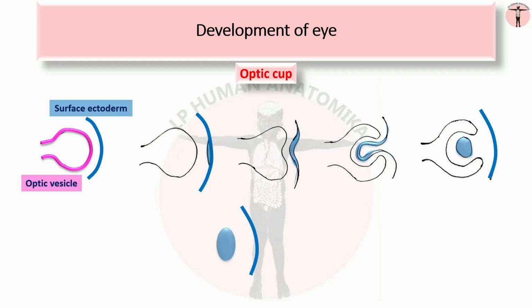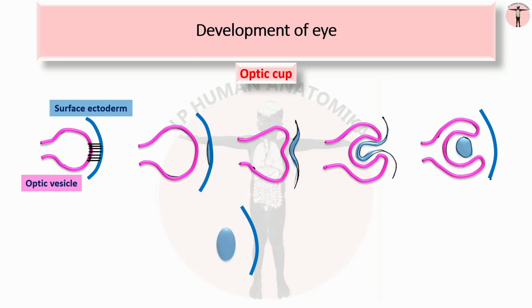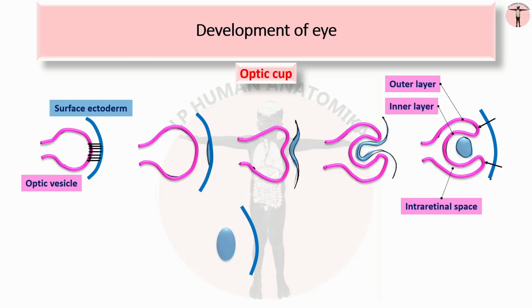Once the optic vesicle is induced by the surface ectoderm, it begins to invaginate and forms the double-walled optic cup. Now, the optic cup has an inner layer and an outer layer separated by the intraretinal space. The two layers of cells, both neuroectodermal in origin, are continuous with each other at the rim of the optic cup.